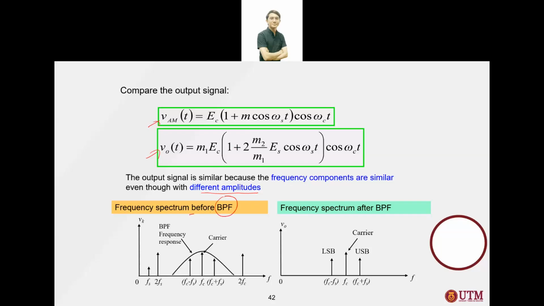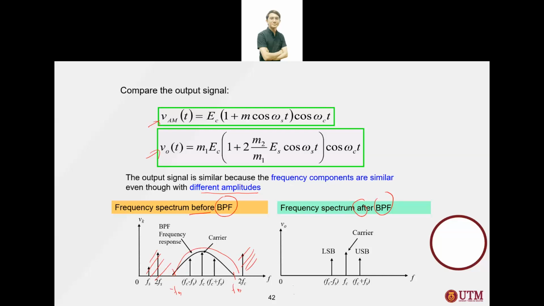Here is the frequency spectrum before the bandpass filter and the frequency spectrum after the bandpass filter. You will see that with the bandpass filter, we remove the frequency that we don't want and only maintain the frequency range that we want, even though it is with noise. So this is your bandpass frequency, maybe around FB, and this one maybe minus FB.